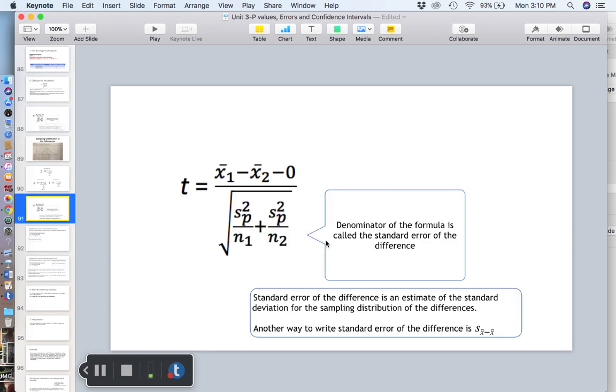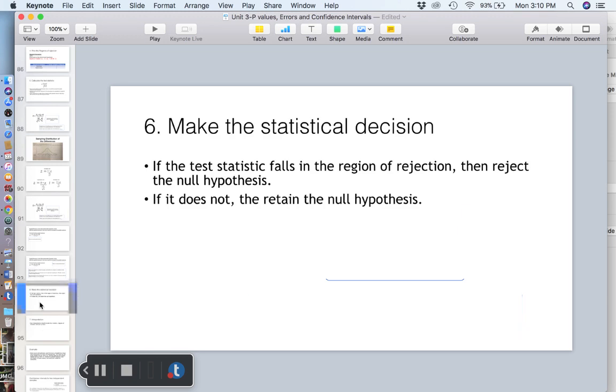From there, we can go back to our independent samples t-test formula because now we have everything that we need. We know our mean for group 1, we know our mean for group 2, and then we take that difference and divide it by the pooled variance divided by n1 plus the pooled variance divided by n2, take the square root of all of that, and that's how we get our t value.